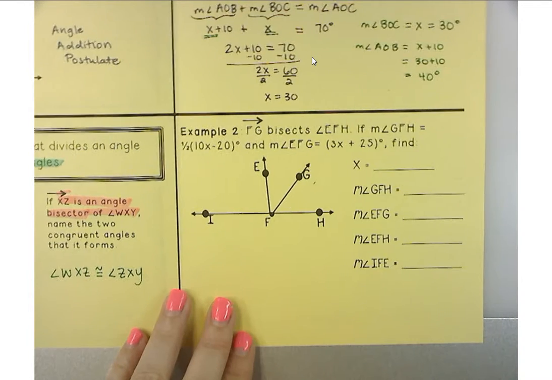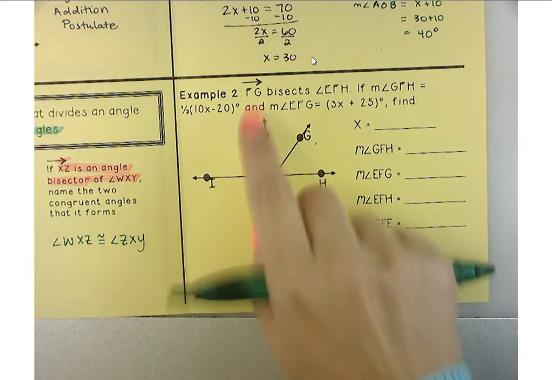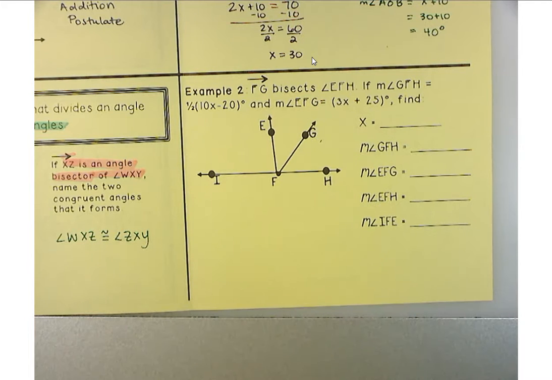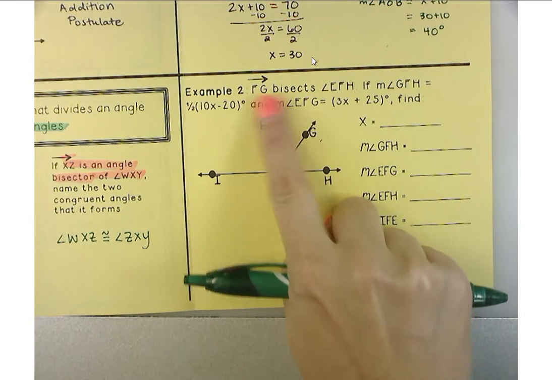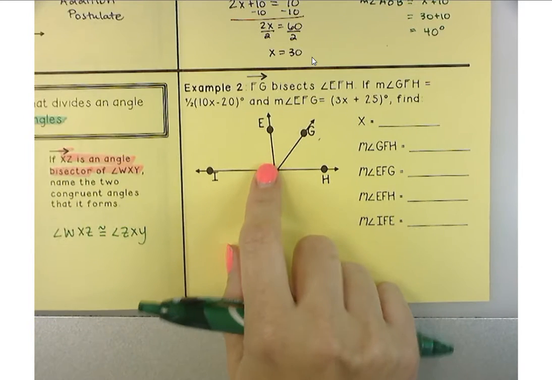Okay, so whenever you're given a problem, the first thing you want to do is read through it and then see if there's anything you can simplify. So this tells us that FG bisects angle EFH. What you should do when you read that statement is look at your diagram and just see what's happening.